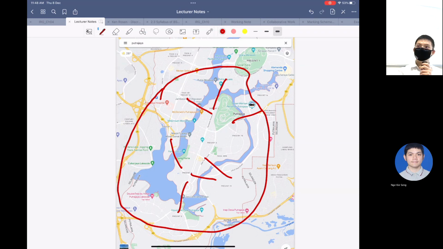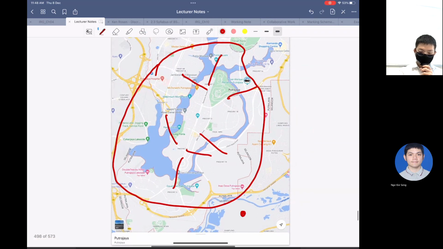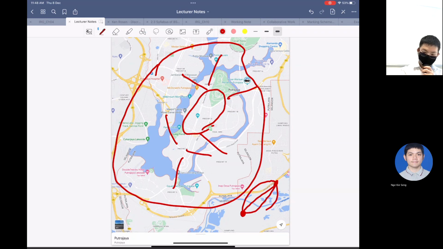So all the outside you can shrink into 1 vertex, and the inside you shrink into 1 vertex. So the question is just 2 vertices and then you have 7 bridges. In this case, 1, 2, 3, 4, 5, 6.